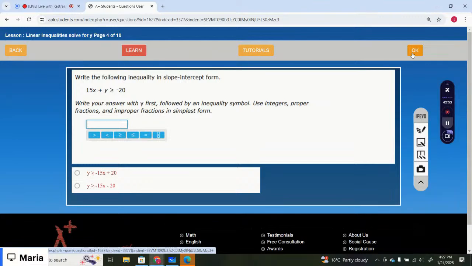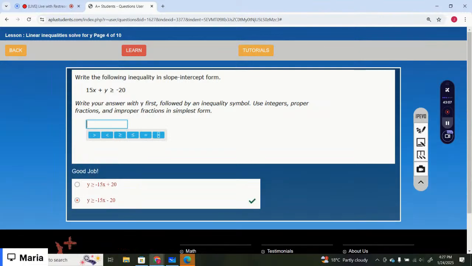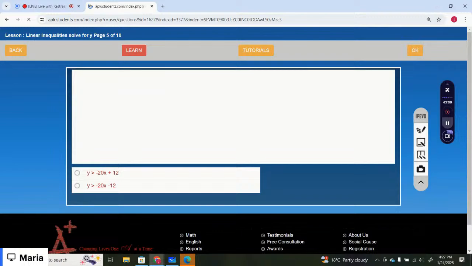So the correct option is option number 2, that is y is greater than or equal to negative 15x minus 20.